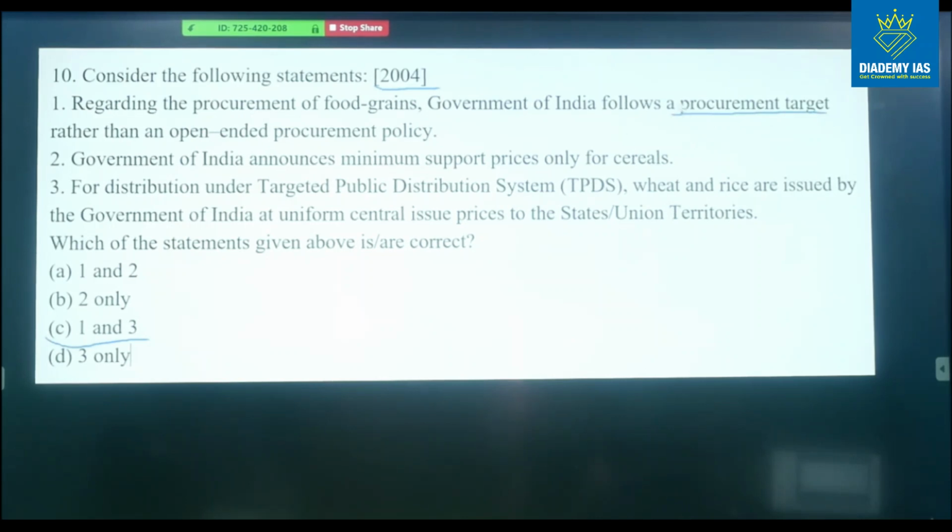So definitely the government has a target. The government will procure up till it meets its target.